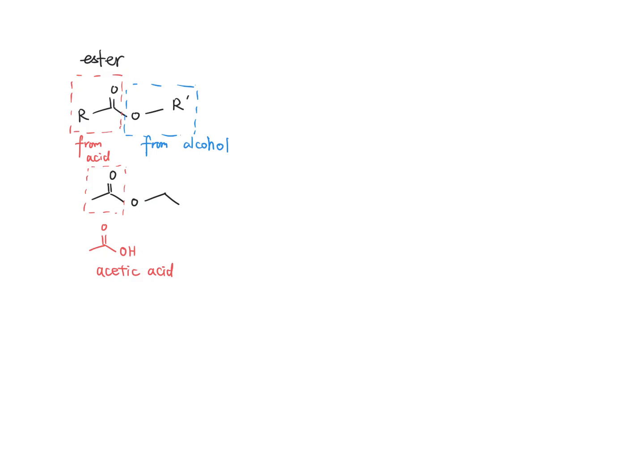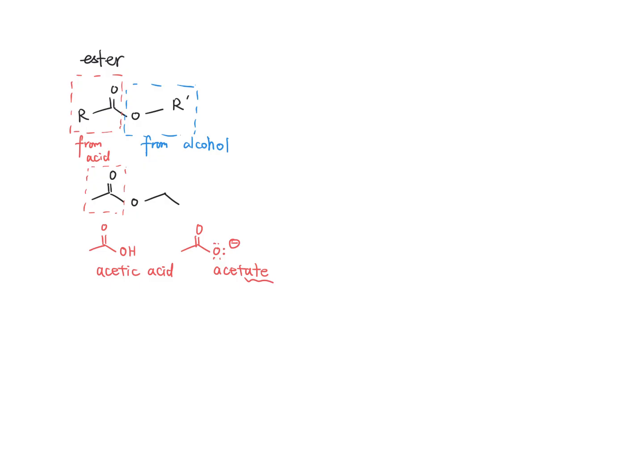When it loses one proton, you are going to have the conjugate base, and this conjugate base will be called acetate. Anything ending with -ate is the conjugate base of the original acid, so acetate, and that will be the root of our naming for the ester.